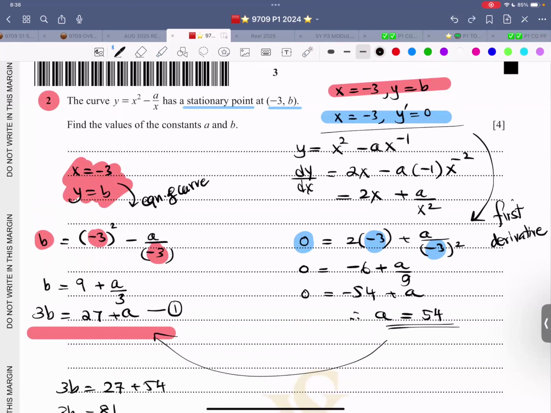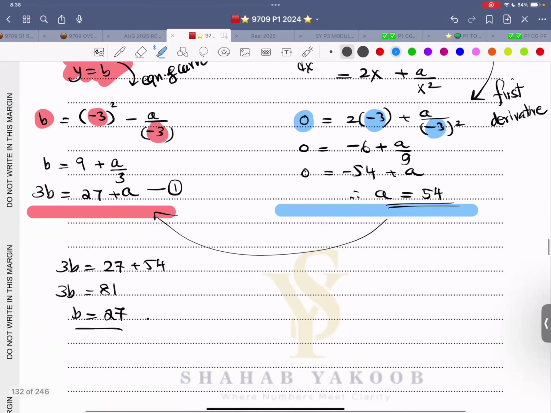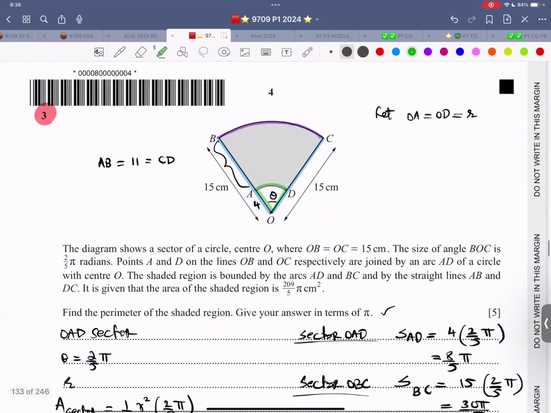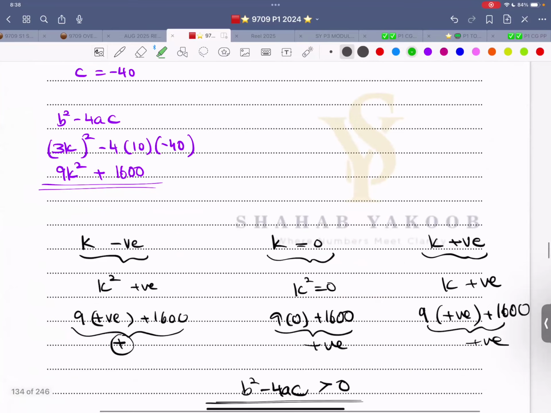After differentiation, you plug in y prime as 0 because it's a stationary point. You plug in the x coordinate, and we find the value of a. Once we find the value of a, we can then find the value of b. So basic, straightforward, nothing special.